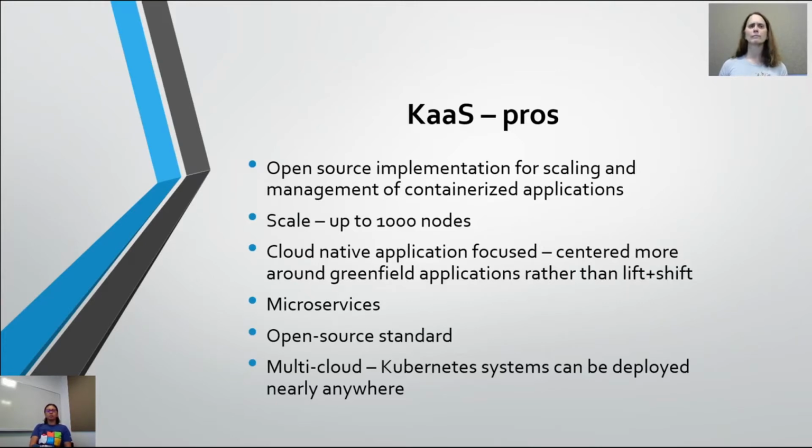So again, it does support frameworks such as Quarkus, which is an implementation of MicroProfile, and also Spring Boot. As I mentioned earlier, multi-cloud Kubernetes has been implemented by virtually all the major cloud players out there. So if you don't like one cloud, you can always move to the next. So why don't you take it away and talk to us about the cons, Christina?